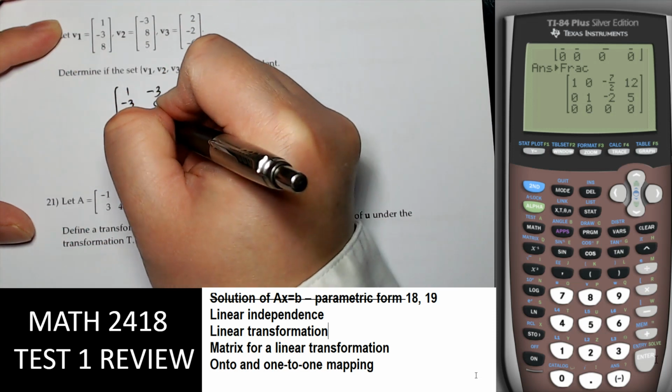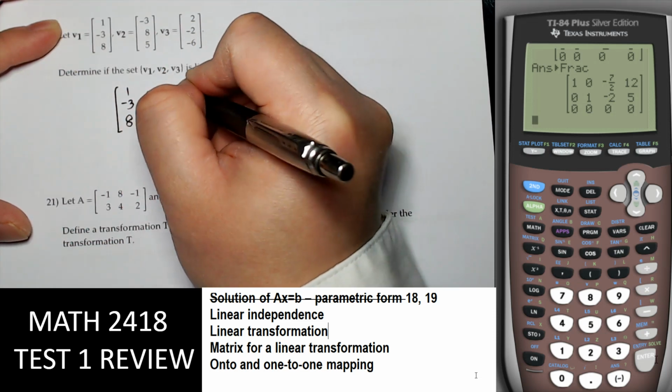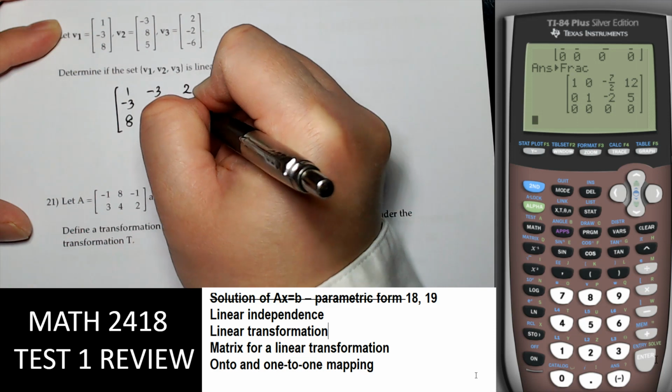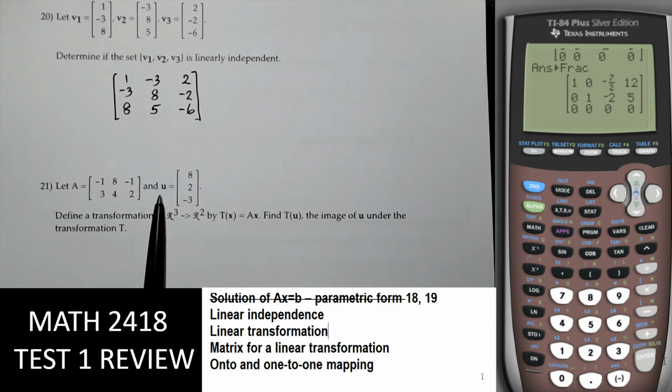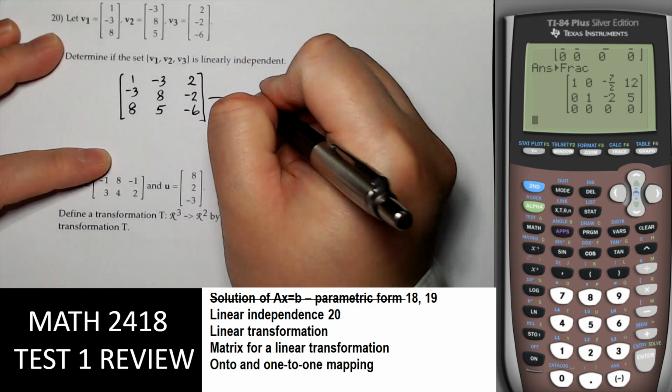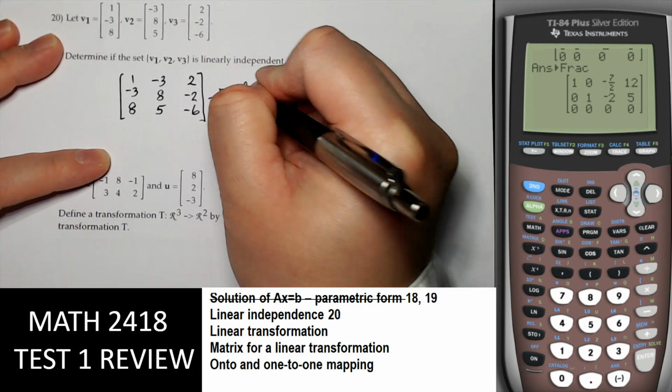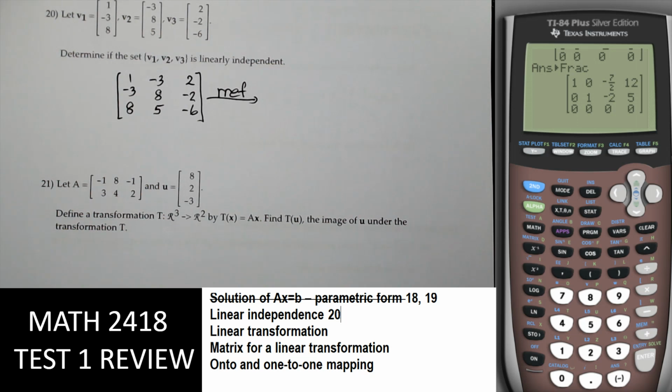Put the vectors in the matrix, and then do the reduced row echelon form. As you see, we do a lot of that in the first chapter.